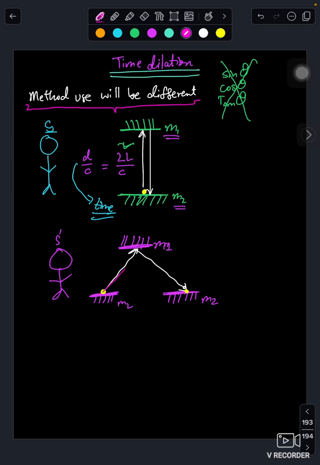Let me change color. We can observe that the combination of these two is more than this. Remember that.